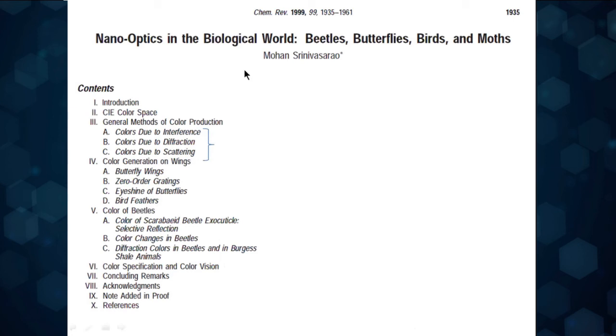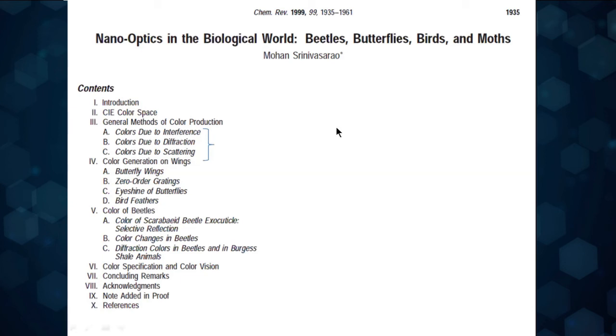Most of the time we know that color is generated using pigments. But there is also another way of generating color, which is called structural color. These colors are generated because of the way microstructures are arranged on the surface of, let's say, a biological organism. For example, you can create color due to interference.